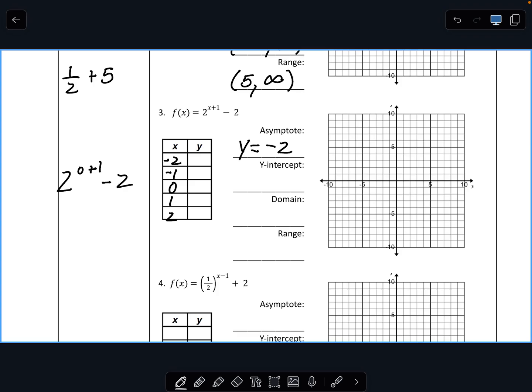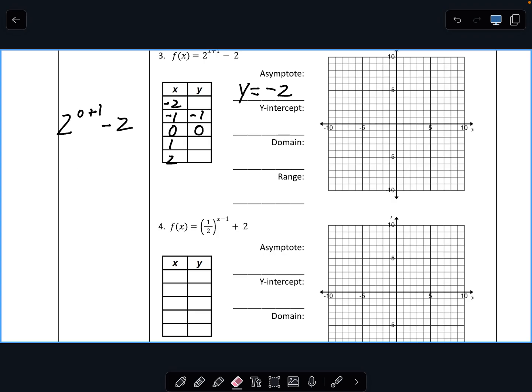So this one is actually going to start at the origin, and then I would have 2 minus 1 plus 1. So it'd be 2 to the 0th power, which is 1 minus 2. So this is going to be at negative 1. So it would be 2 to the 0th power minus 2. So 1 minus 2. That's where I get that negative 1.